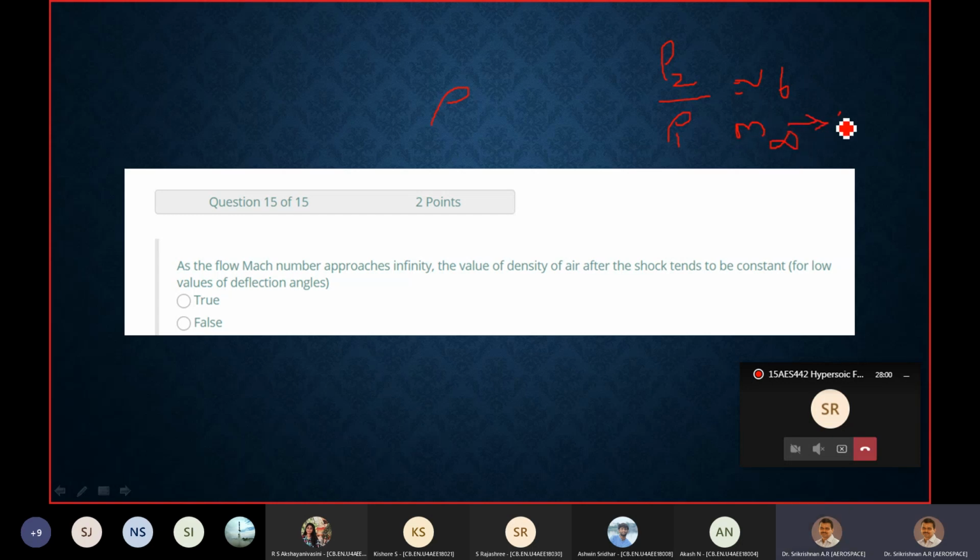This is an important point. That's why I wanted to ask this question, because in many places where we state independence of Mach number, they are non-dimensional parameters. All the limiting values that we calculate are for the non-dimensionalized ratios, not for the absolute values.